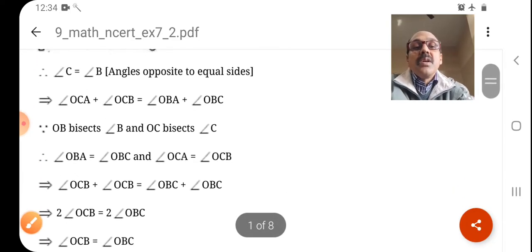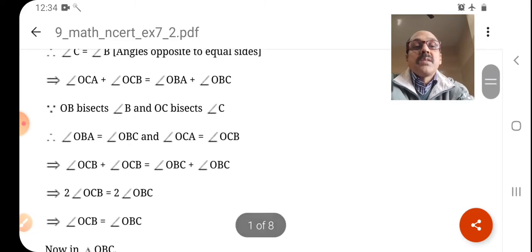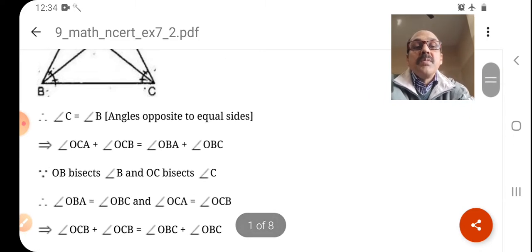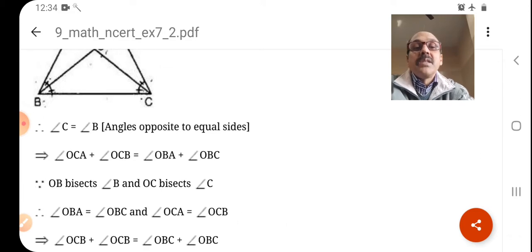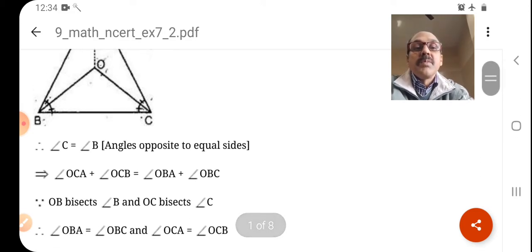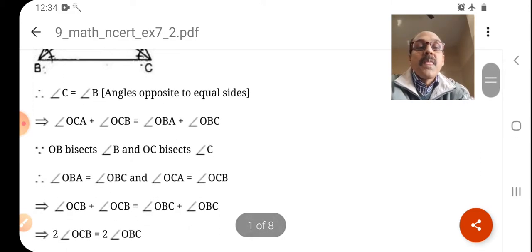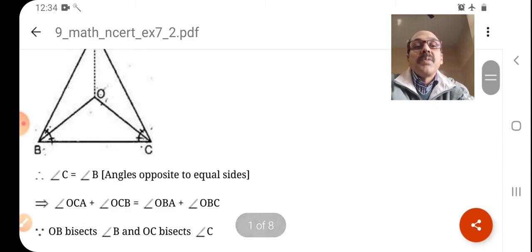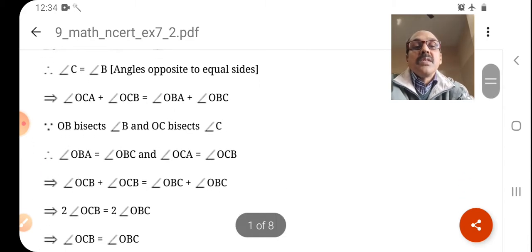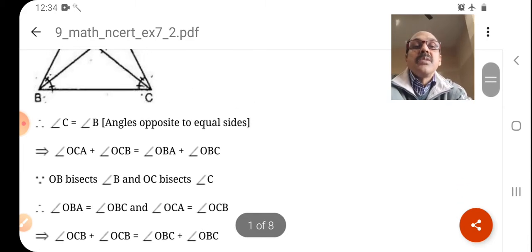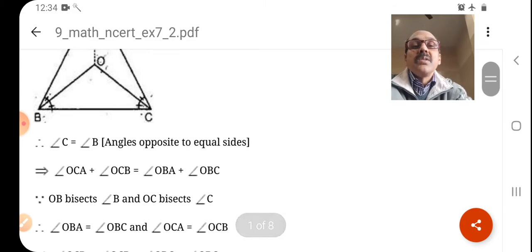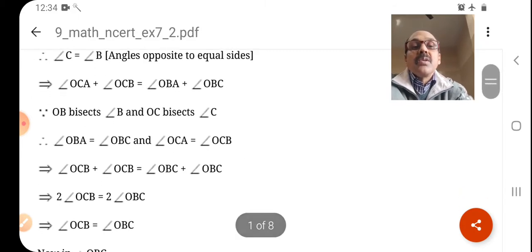Now OCB plus OCB, because these two are equal, so you can write both are OCB plus OCB equal to OBC plus OBC. So 2 angle OCB equal to 2 angle OBC.